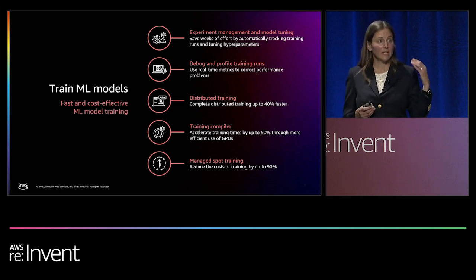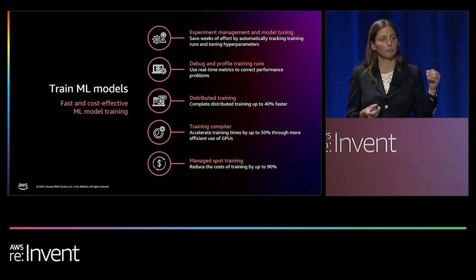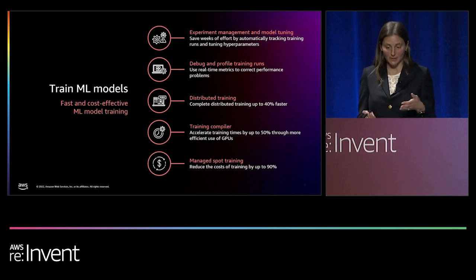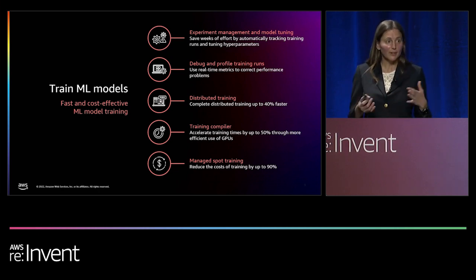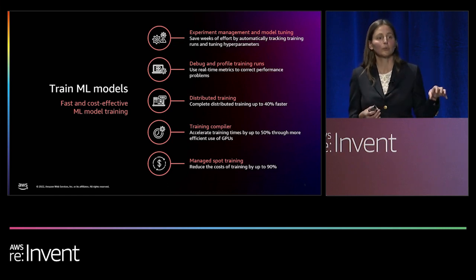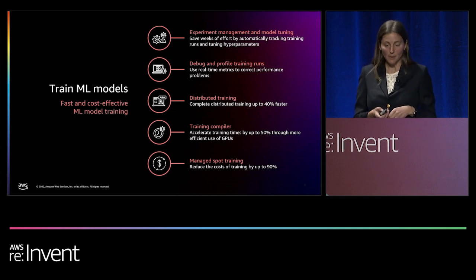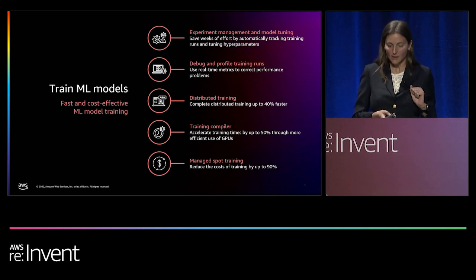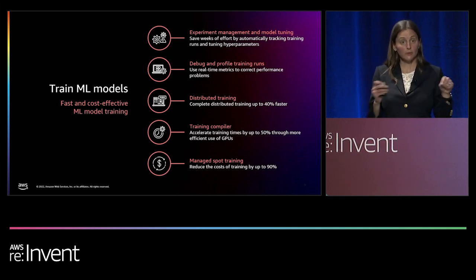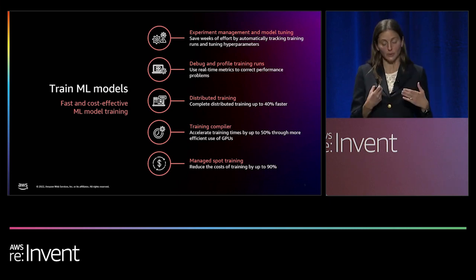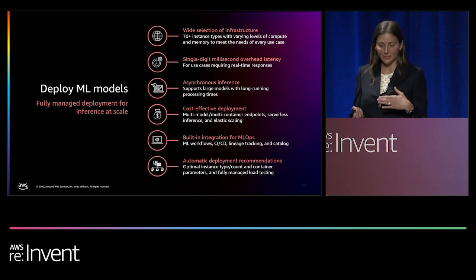We also take advantage of optimizing the GPUs with our training compiler, so it runs much faster. Debuggers are also available, so lots of tools so that you can get fast and cheap performance in training. When your training jobs are running, there are also capabilities that allow you to check your instance usage, so you can make sure you're continuously optimizing costs.